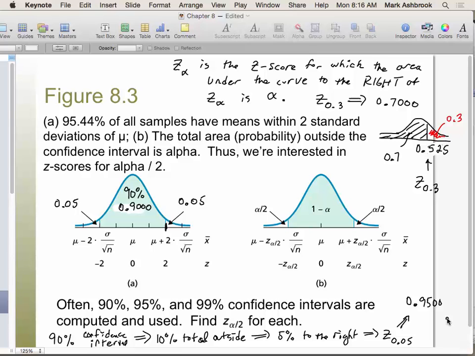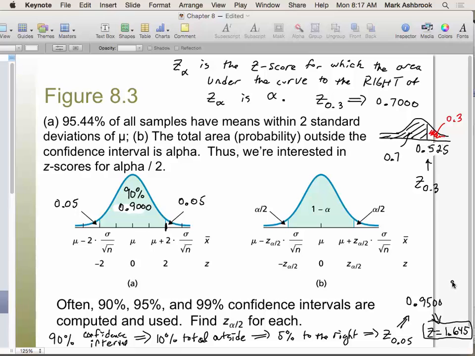Okay, so then to do z of 0.05, we're going to look for an area of 95%, right? Because all this is going to be 95%. And what is z? It's like 1.64 and 1.65. So 1.64, we're extrapolating again, 1.645.